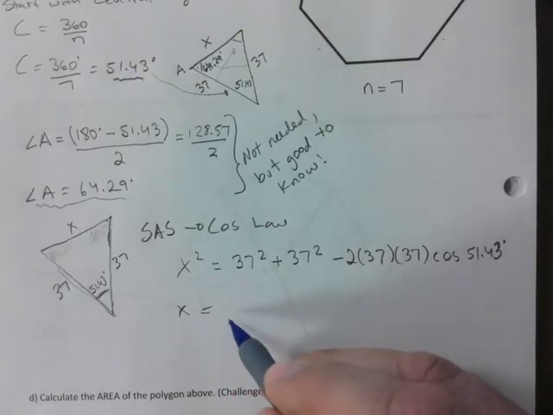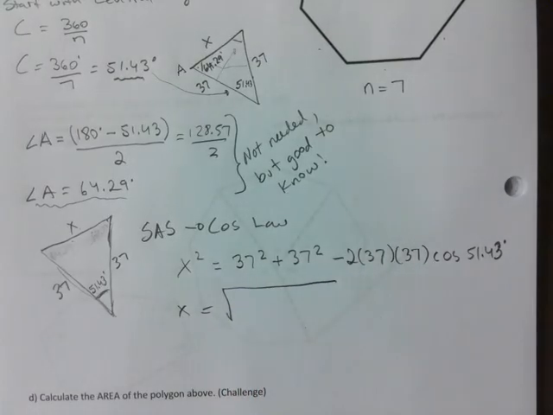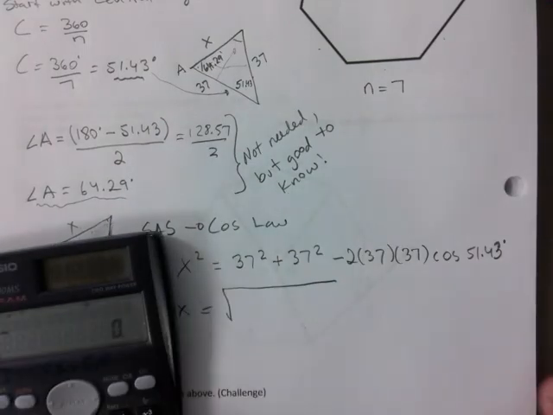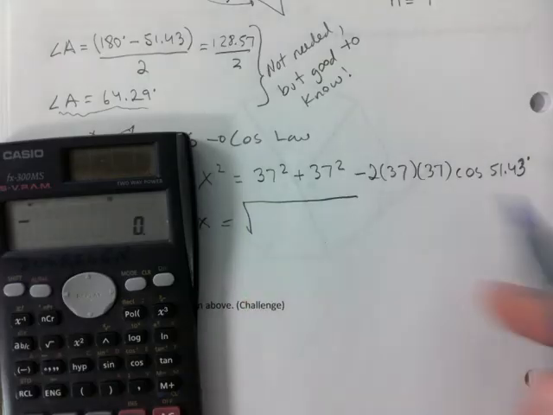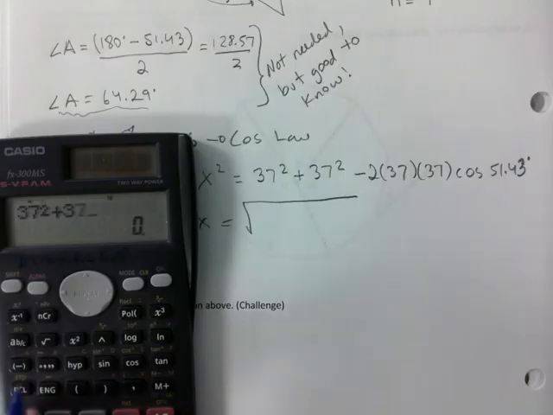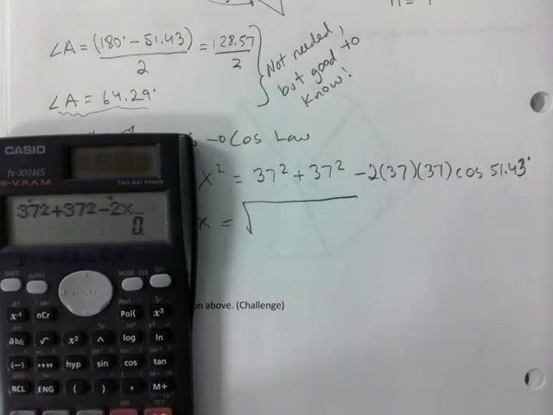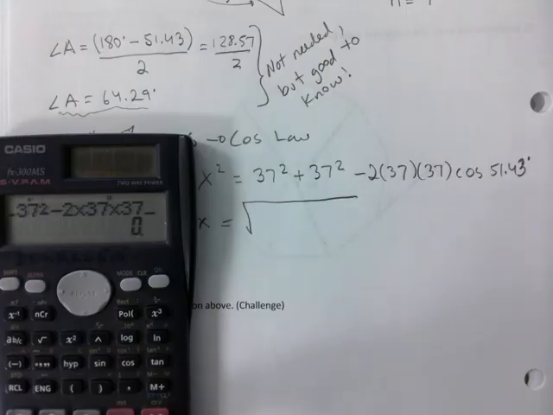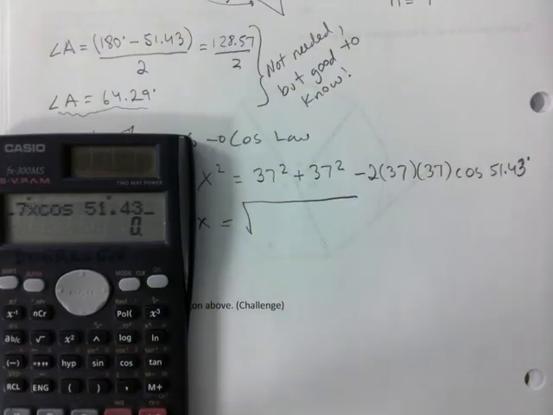Can you practice typing this in? Because when it comes to the exam, a number of you forget how to type this in properly. So 37 squared, right? Plus 37 squared minus 2 times 37 times 37 times cosine of 51.43.